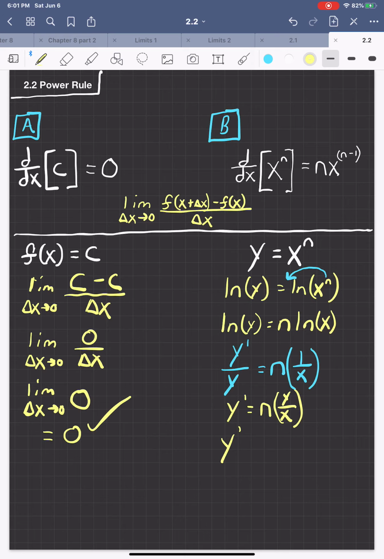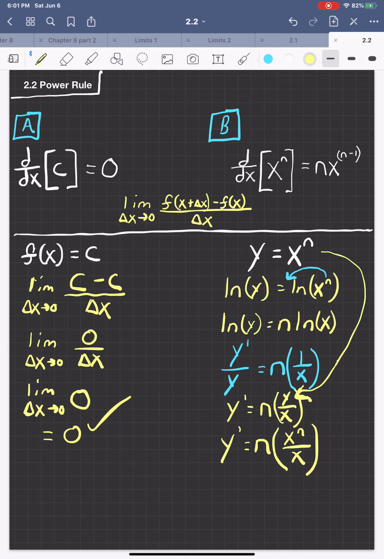So I'm just going to substitute this x to the power of n in here for y. Now we would have n times x to the power of n over x.